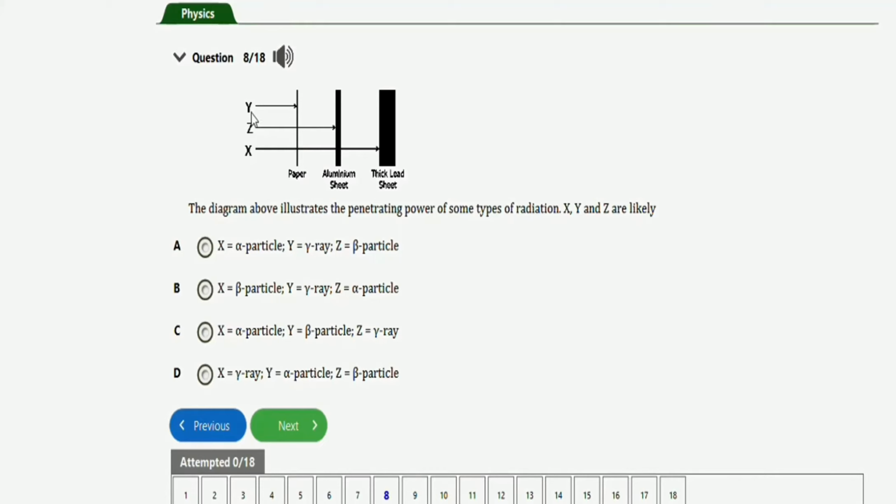Alright, so guys, the right option to this question will be, this X is the gamma rays, the Z is the beta particle, and Y is the alpha particle. So the right option to this question, guys, will be option D. So it's as simple as this.